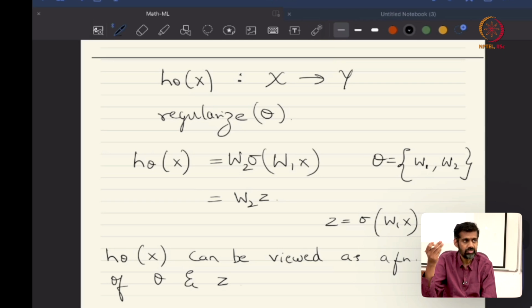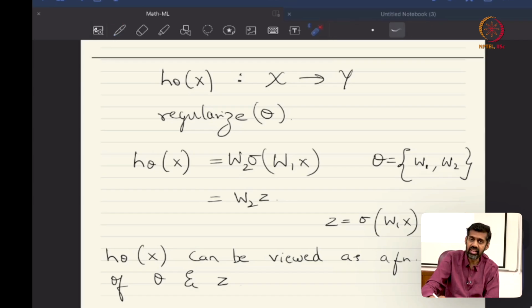If we can regularize theta, why can't we regularize z as well? What do I mean by that? I restrict the way this sigma w1 x is being computed. I have already restricted it by making functional form assumptions. I can put more assumptions on z, right?